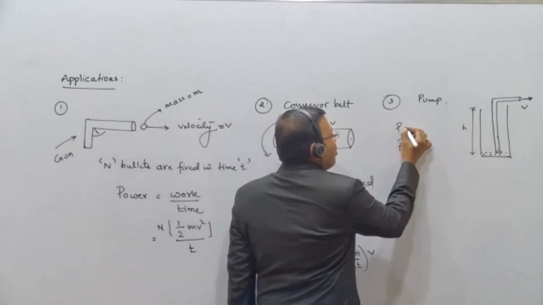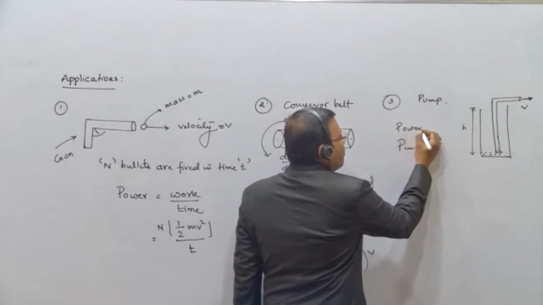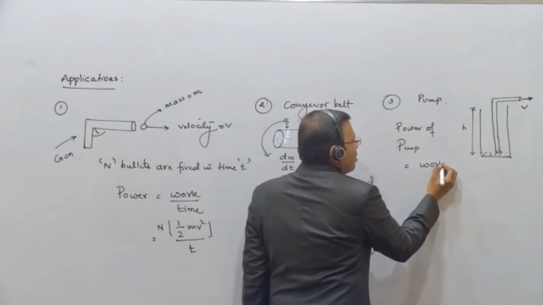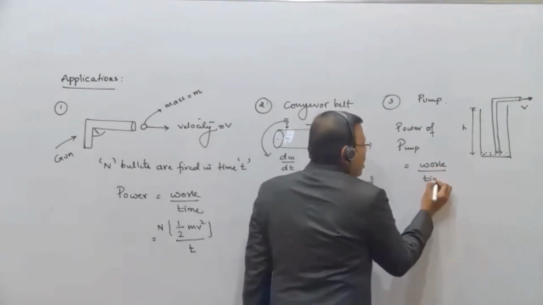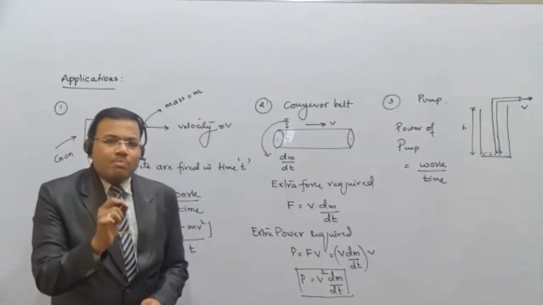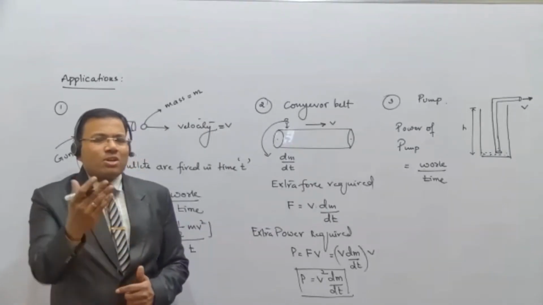So power of pump is equal to work by time. Now, if you analyze this situation, what I have drawn on the board, this pump is doing two works. It is not just a single work.